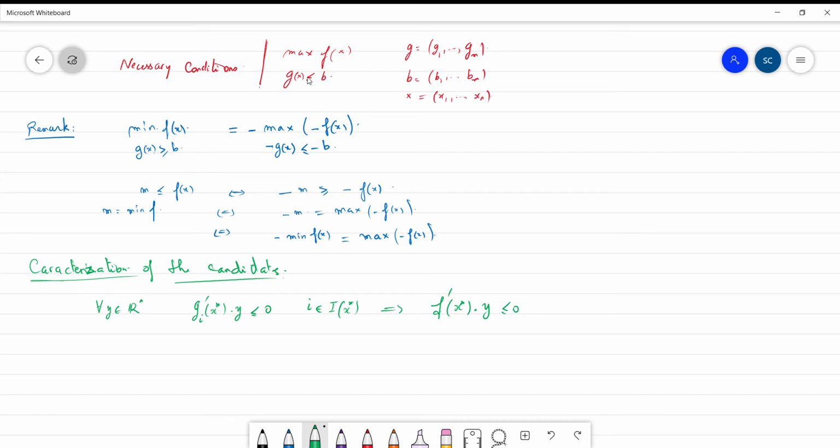This is the key step for the rest of what we will do.